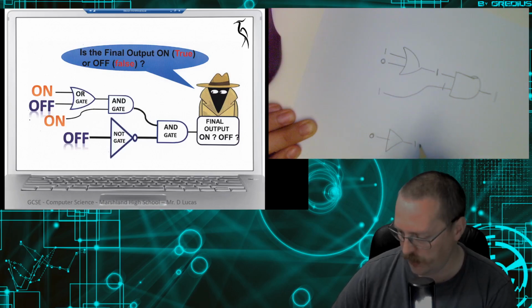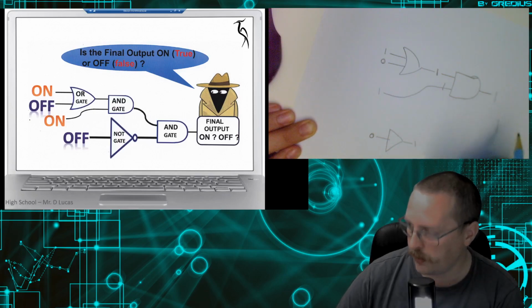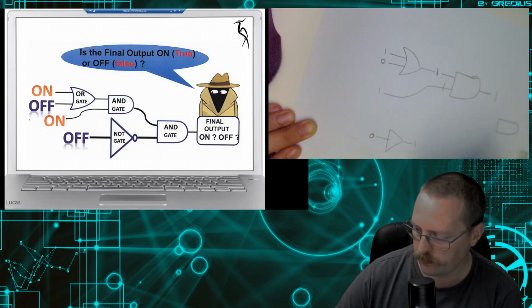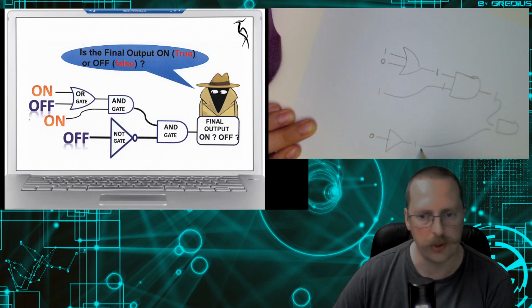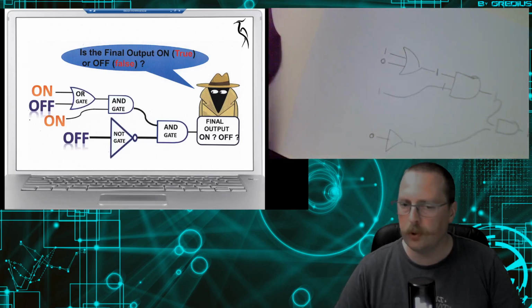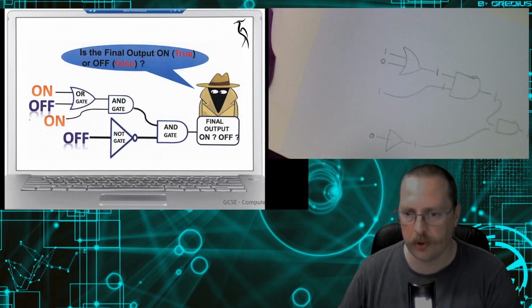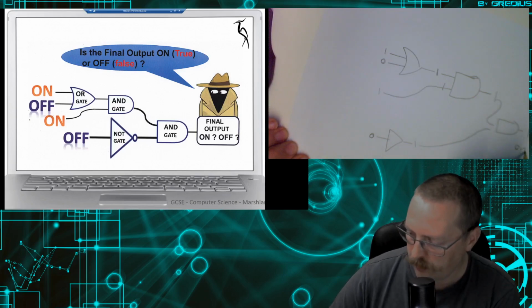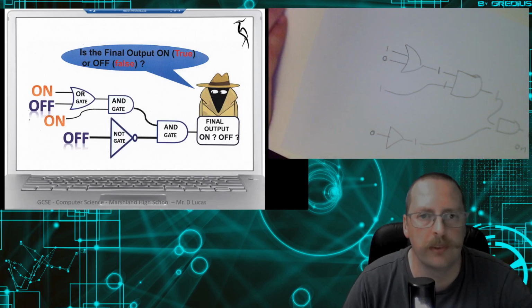And this then goes to this AND gate here, which is on and on, which means our output will be on. So we now know that the final output is on. And that's how you solve these logic problems.